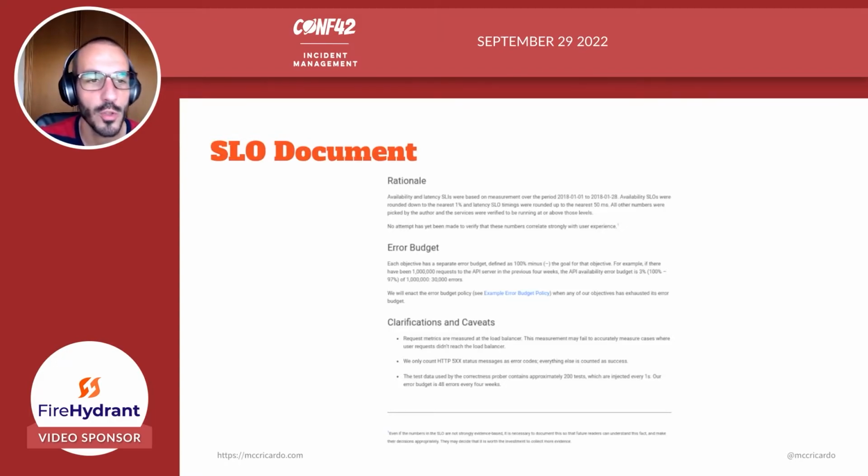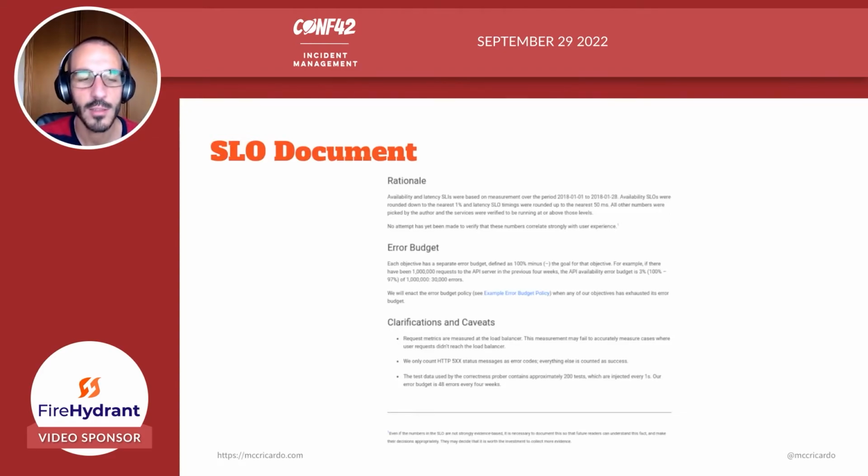Error budgets we're going to see in a bit, but here we can describe what the error budget is for this particular SLO. And of course, you can have a section that has clarifications and caveats, something that needs to be explained, or maybe some constraints that need to be taken into consideration when using this SLO.